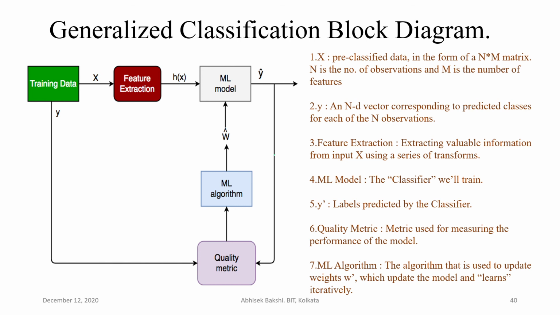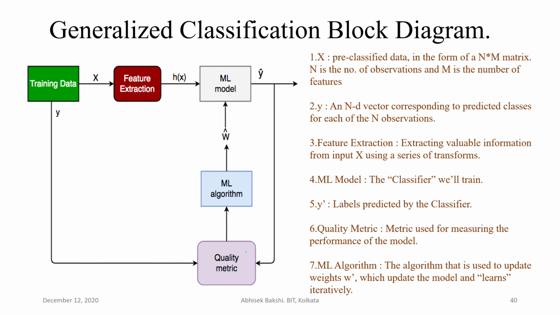This ML model produces some output Y, and since this is supervised learning, we already know for each and every pattern what the correct output should be. So the difference, that is the error, is sent to this quality metric.